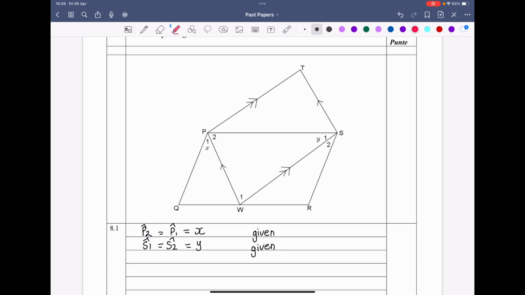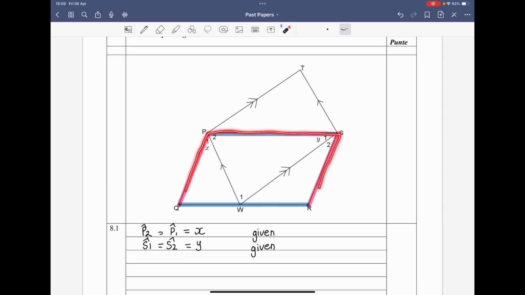And then I was told that this PQRS is a parallelogram, and so that means that PQ is parallel to SR, and PS is parallel to QR.